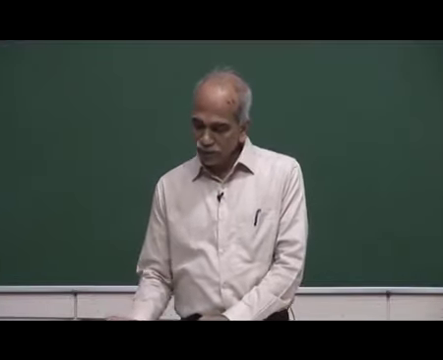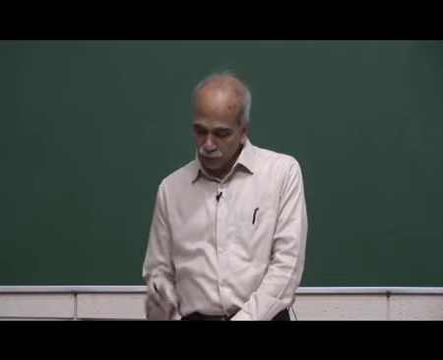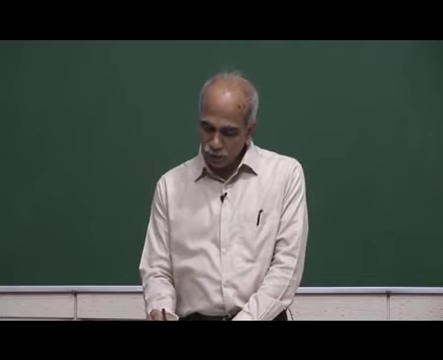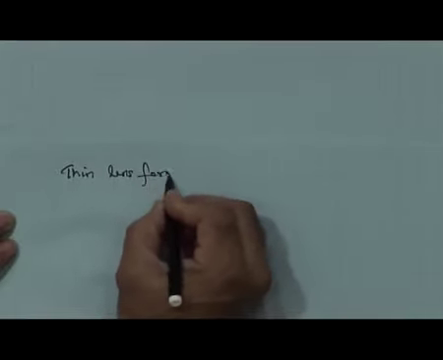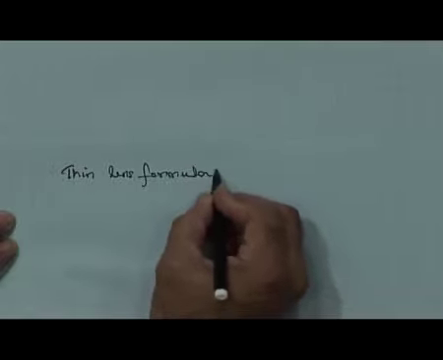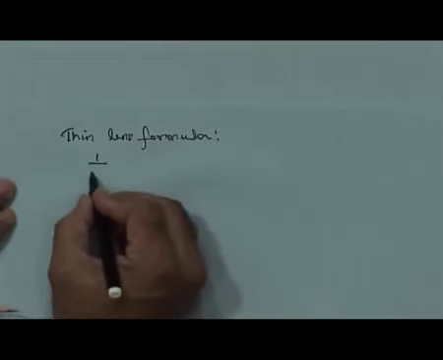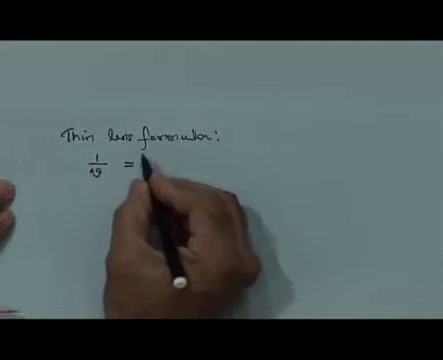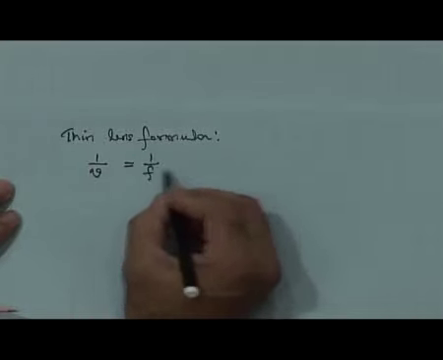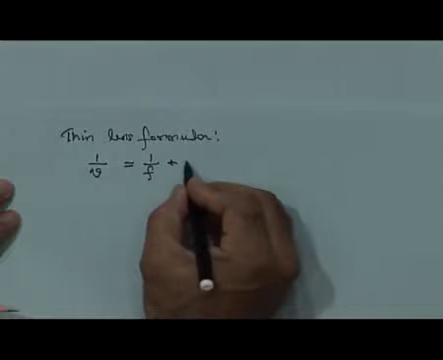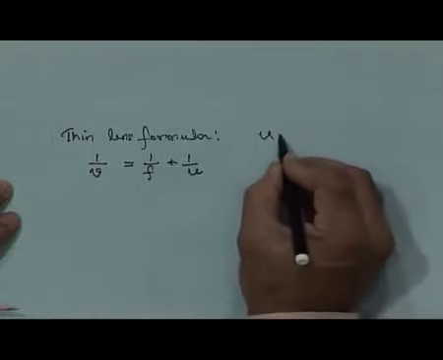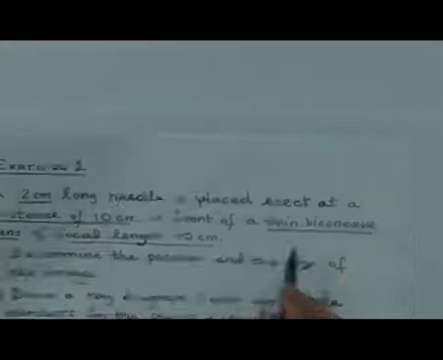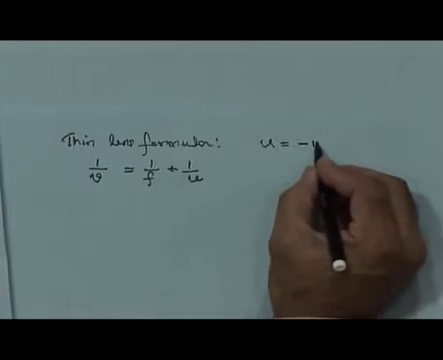So, let us use the thin lens formula. 1 over V minus 1 over U is equal to 1 over F, or let me take 1 over U to the other side, so plus 1 over U. Given, it is 10 centimeter in front, so U is equal to minus 10 centimeter.